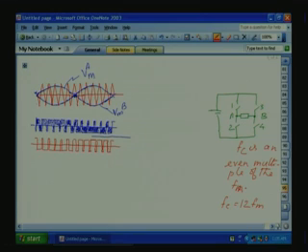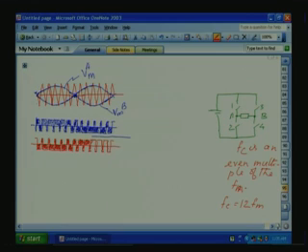Now the area started increasing in the positive direction.